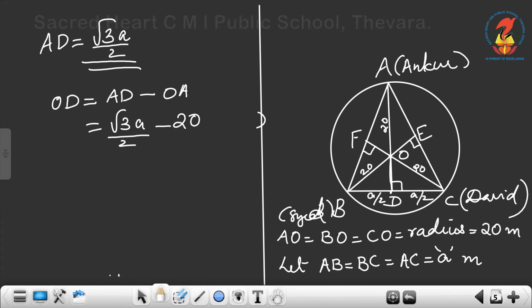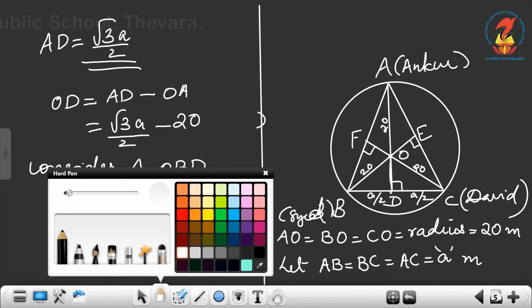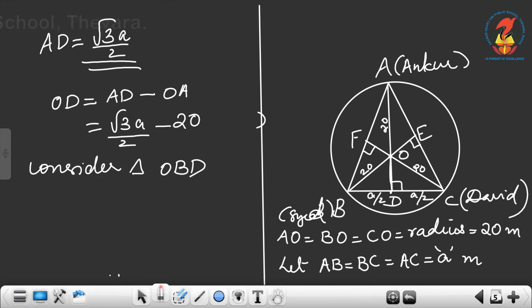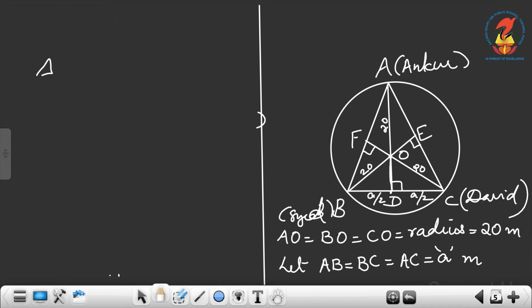After this, what you have to do is consider triangle OBD and apply Pythagoras theorem here.